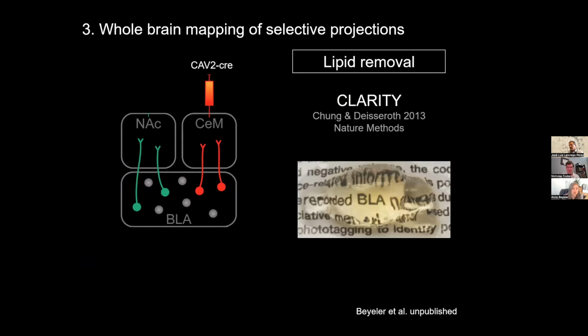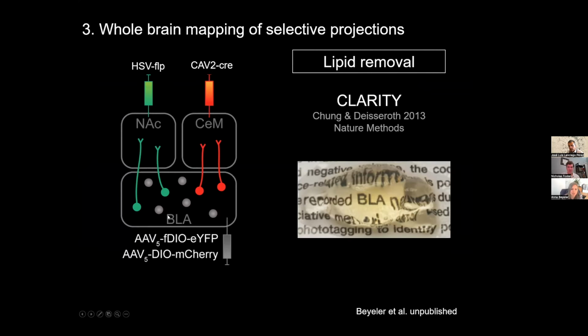So what you can also do using this approach is combine viral vectors, and you can look at different projection populations. So here in this experiment, we use the same approach with retrograde CAV2-Cre to express mCherry in the BLA to central amygdala neurons, and then we injected another retrograde viral vector expressing another recombinase, which is FLP.